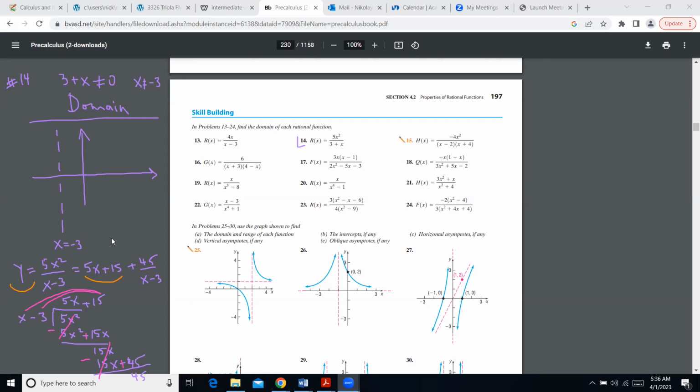So y equals 5x plus 15 is called a slant asymptote. It's the line that passes through the point 15 on the y-axis.